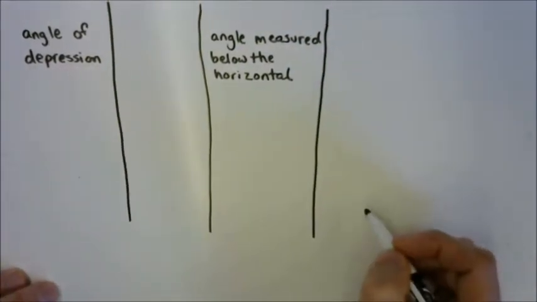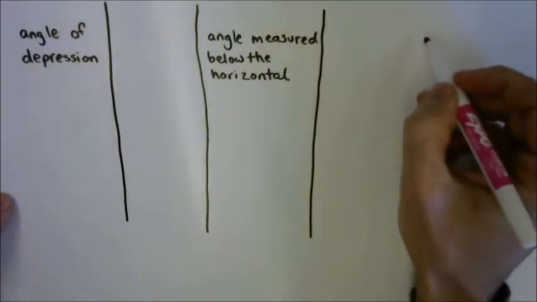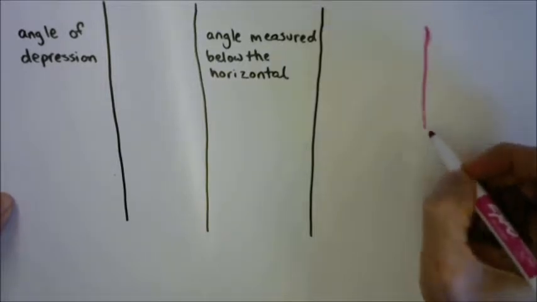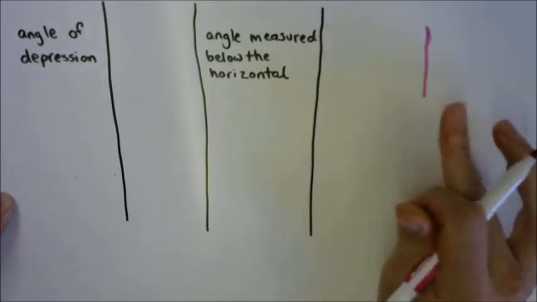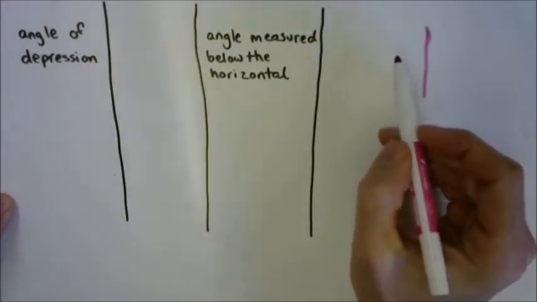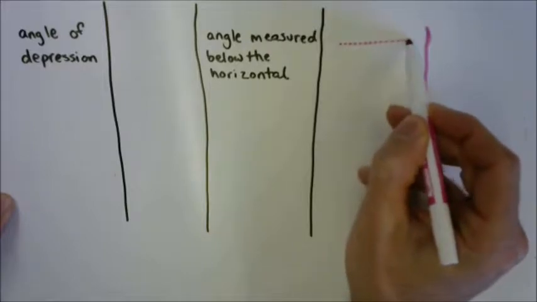So if we were going to draw a diagram for the angle of depression, we're going to start with, on the right side of your box, draw just a vertical, like a wall. And then we're going to draw this dotted line going straight across.